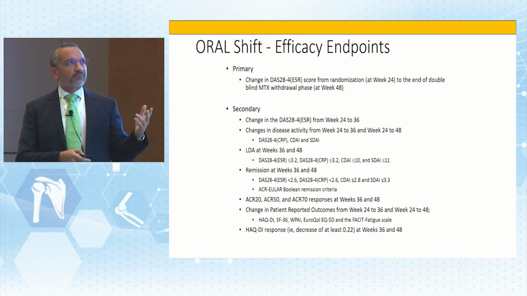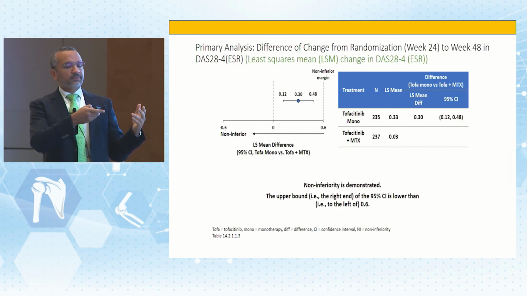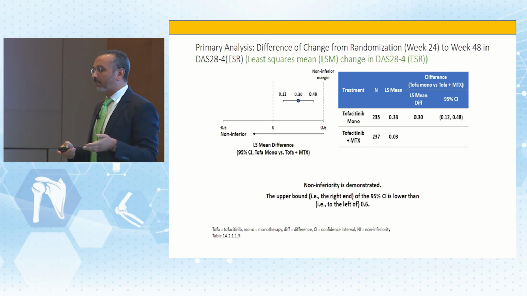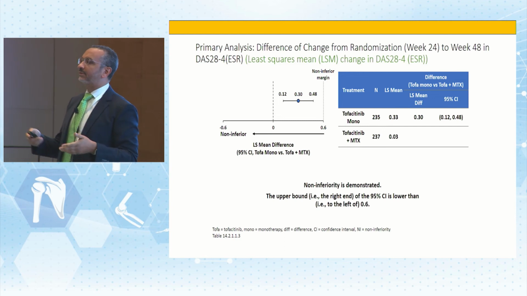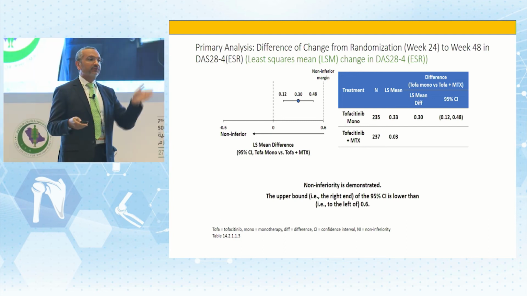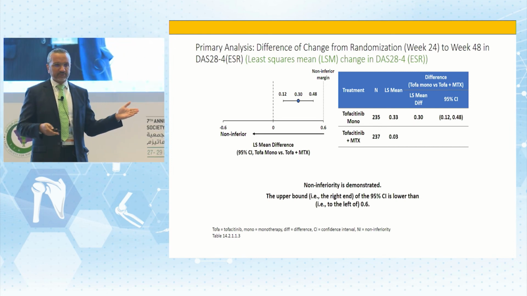And this was achieved, as you can see in these slides here. Anyway, it was achieved. So tofacitinib monotherapy is not inferior to the combination of tofacitinib and methotrexate in patients who have achieved low disease activity in the open label phase.